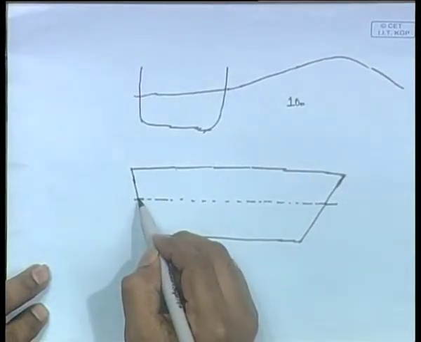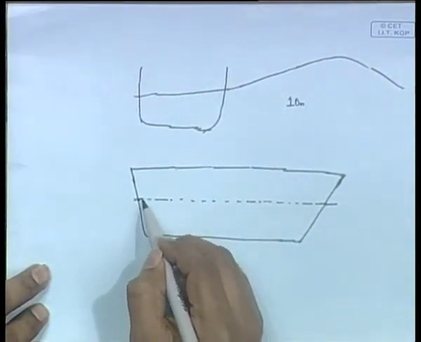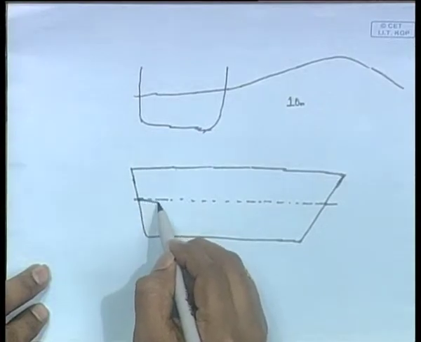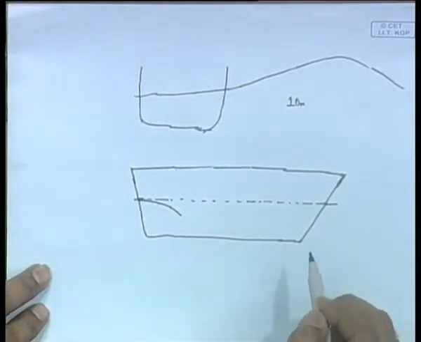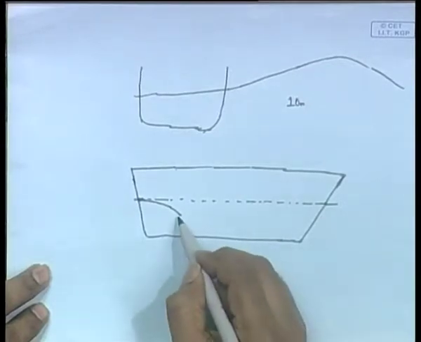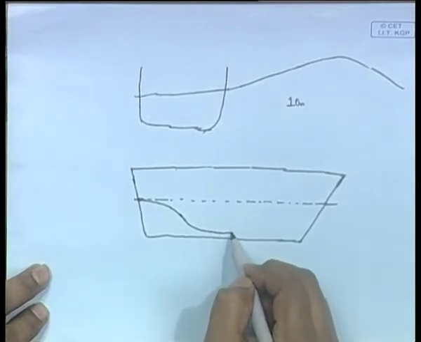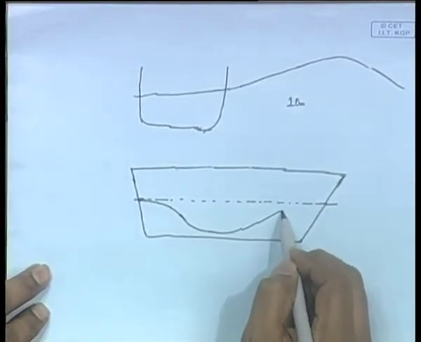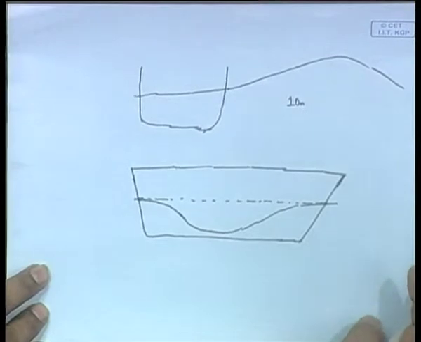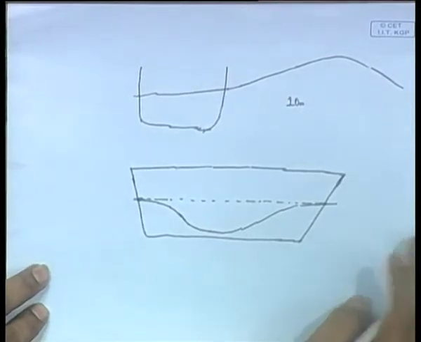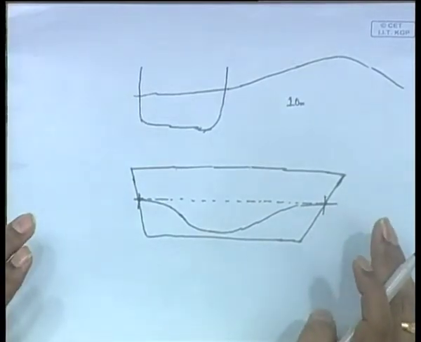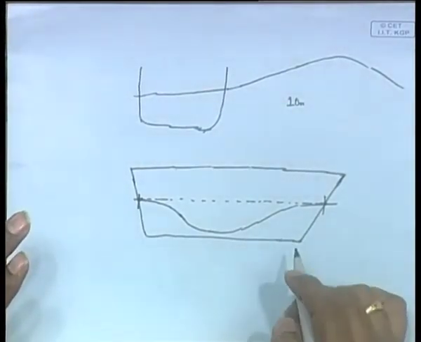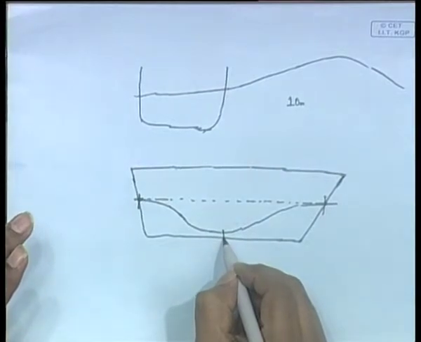Now, let us consider a sagging wave. In a sagging wave, the wave trough is exactly at the midship.